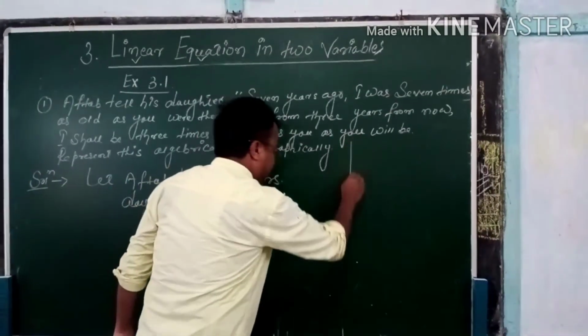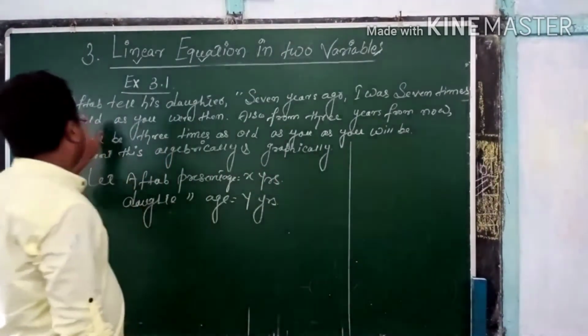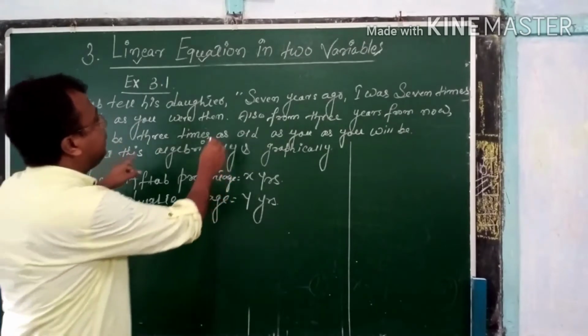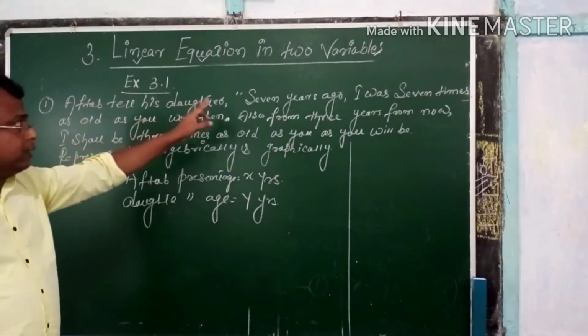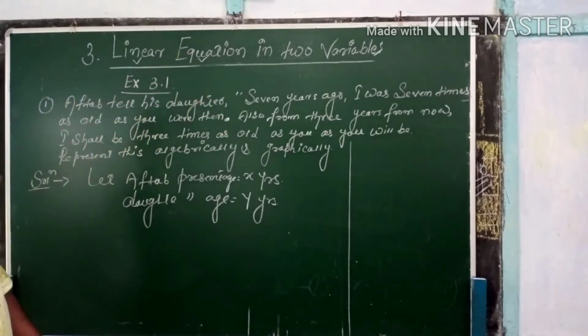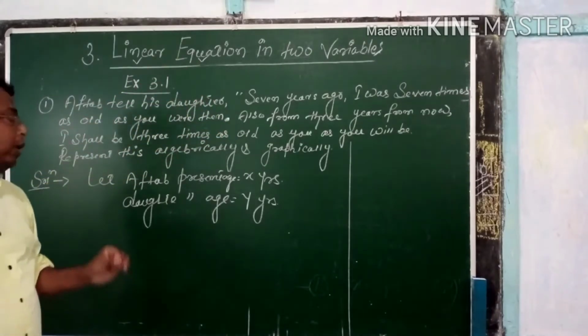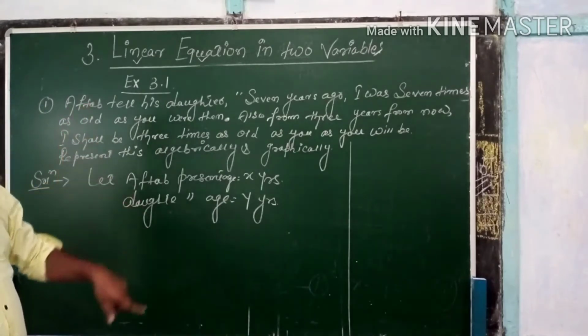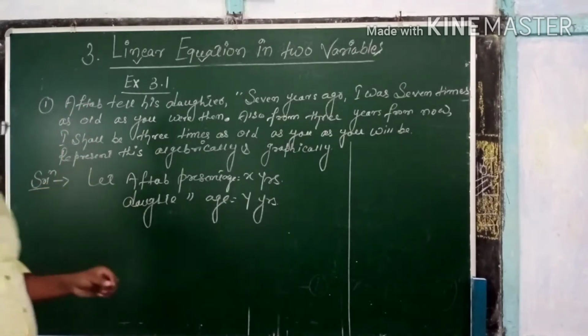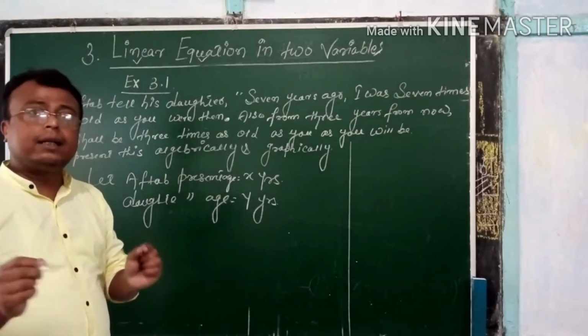Now you tell me. First of all, we will see up to this sentence. Aftab's daughter, 7 years ago. Can you tell me what was Aftab's age 7 years ago? Yes, present age minus 7.